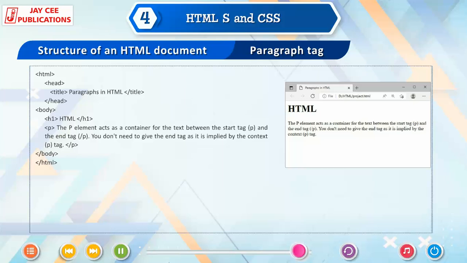The P element acts as a container for the text between the start tag <p> and the end tag </p>. You don't need to give the end tag as it is implied by the context. <p>, </p>, </body>, </html>.